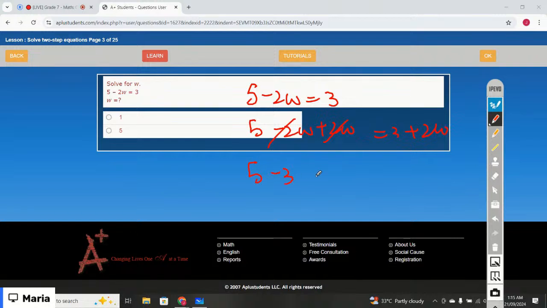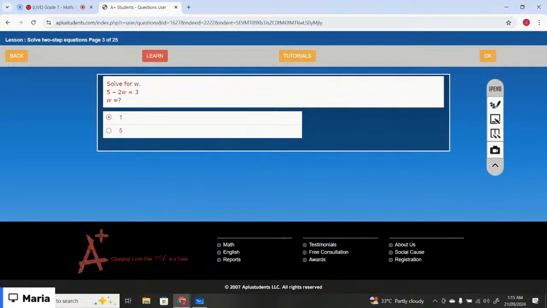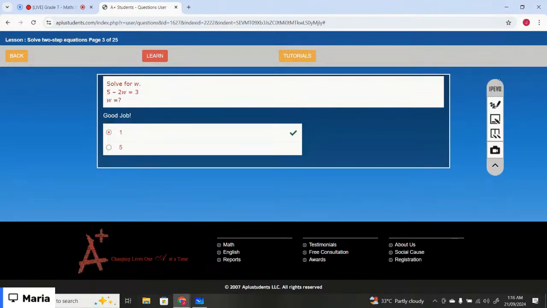Now subtract 3 from both sides. 5 minus 3 is 2, equals 2W. So W equals 1. Option number 1 is the correct option. That is W equals 1.